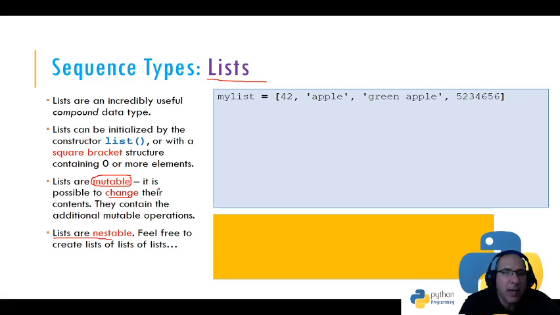In this sense, we can create lists using the construct list or using the square brackets containing 0 or more elements. In this example here, I created a list called mylist, and notice that I use the square brackets, not the round brackets. Round brackets are used for tuple, as I said before.